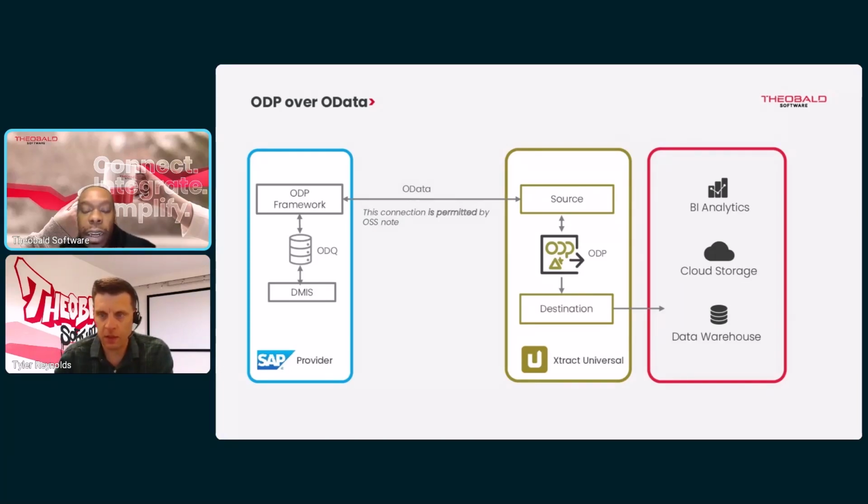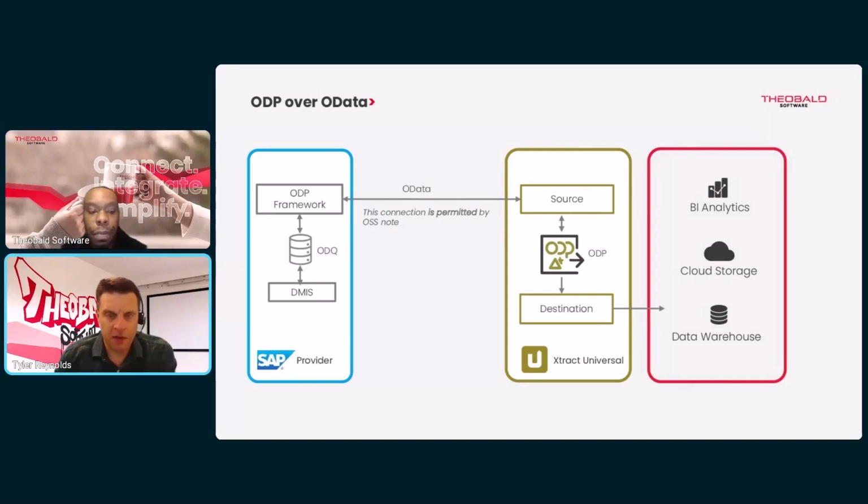We're extracting that information with Xtract Universal, specifically the ODP over OData services component, extracting from the ODP framework, and then again pushing it through. We're not saving or storing that information at all to any BI analytics, cloud storage, or data warehouse platform. This is the permitted way because we're now going over the OData services protocol through the ODP framework.